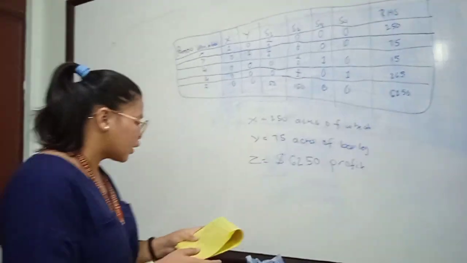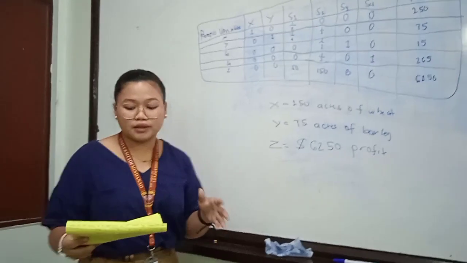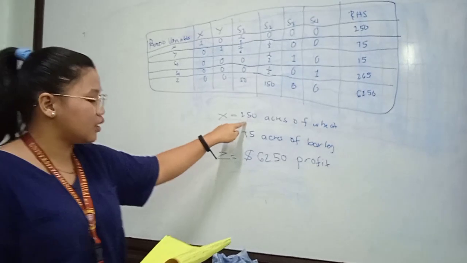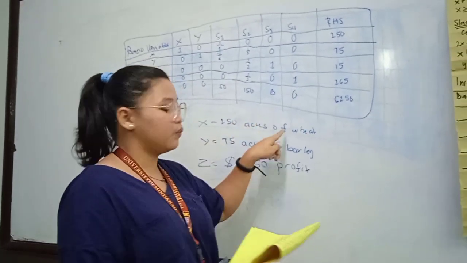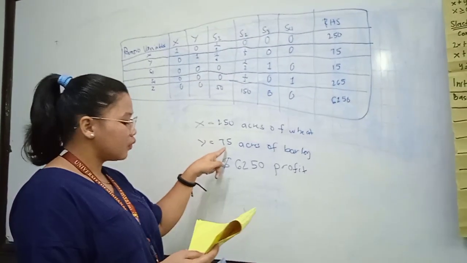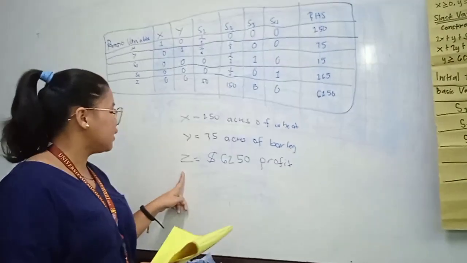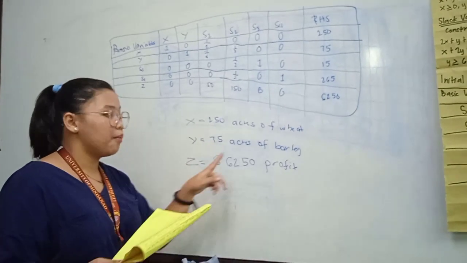Now that we've reached the optimal solution, we interpret the tableau. Here x equals 240 ... $250 profit.